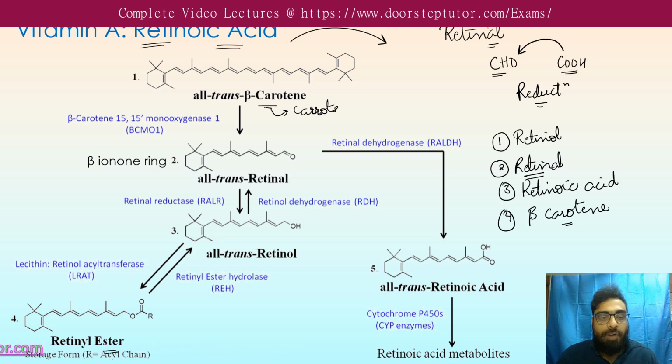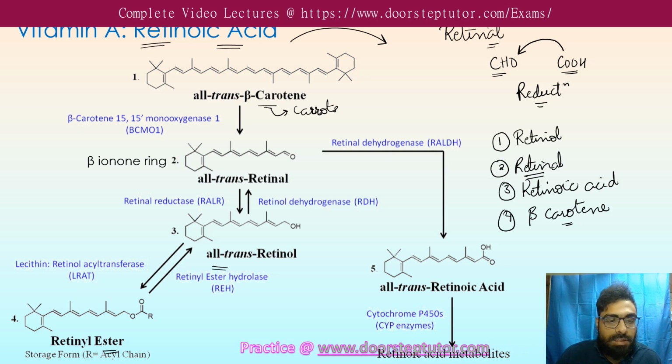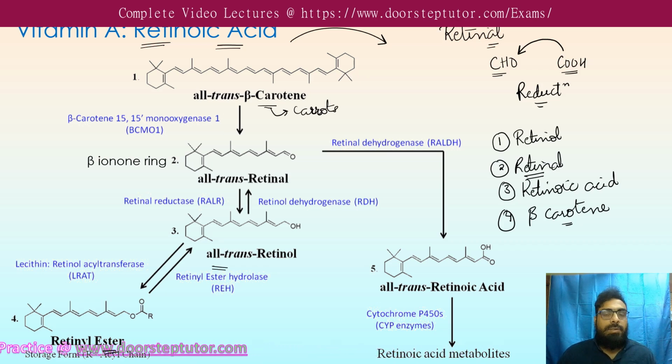In that form, retinyl ester, it can be easily converted into simple retinol, that is all-trans retinol. All-trans is written because if you focus on the unsaturation, all these bonds are in trans condition. In lipids, we studied that in membrane lipids most of the lipids are in cis form, and that produces a kink.